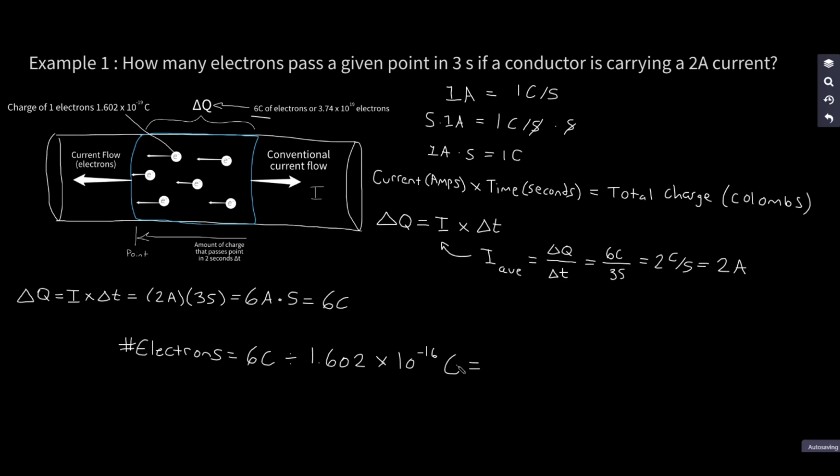I can write this as a fraction: 6 C up top, and 1.602 times 10 raised to the negative 19th coulombs. Right away we can see that these coulombs are going to cancel out.